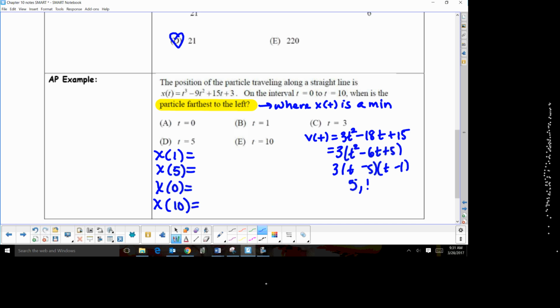Good so far? So remember, when we're looking for the absolute max or the absolute min, we don't really need to set up the number line. We need to plug them back into the original.